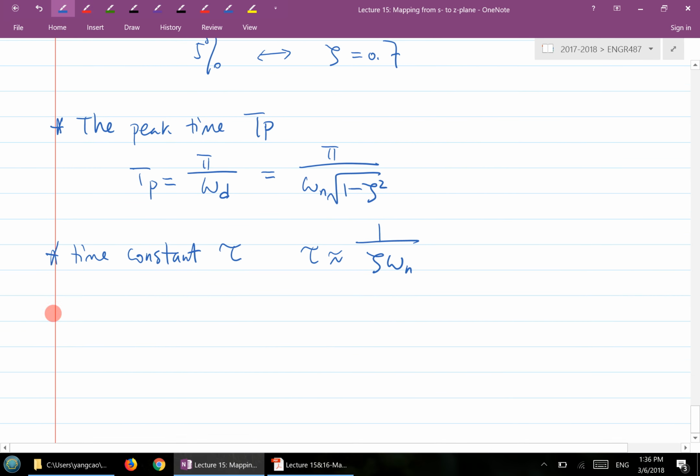Okay. And the last one we wanted to use is the so-called bandwidth, the BW, and the rise time. Call it TR, so small tr.